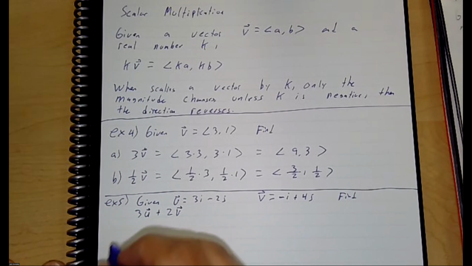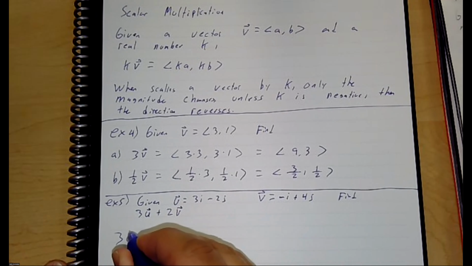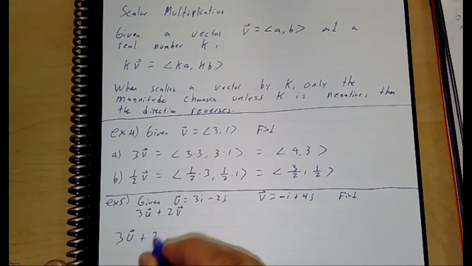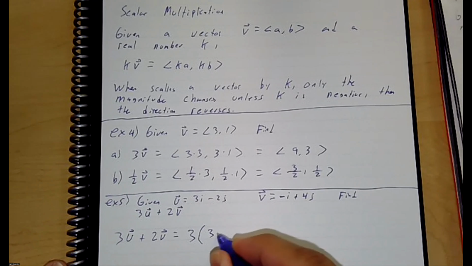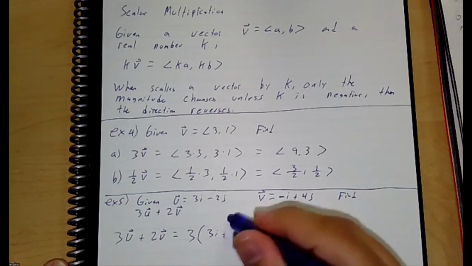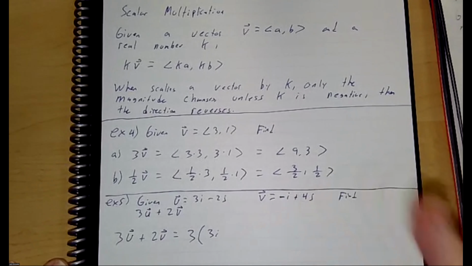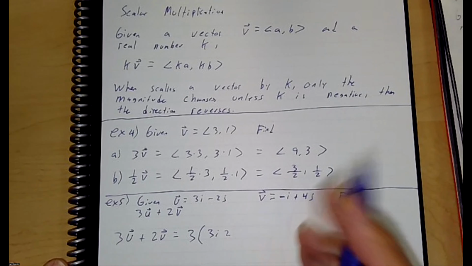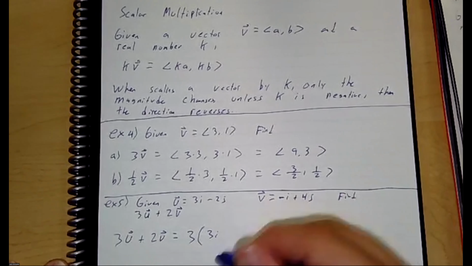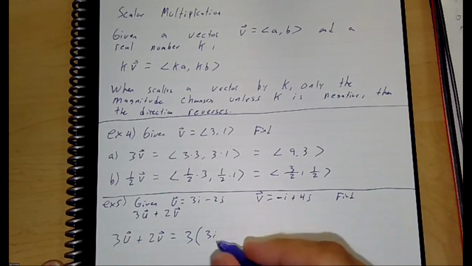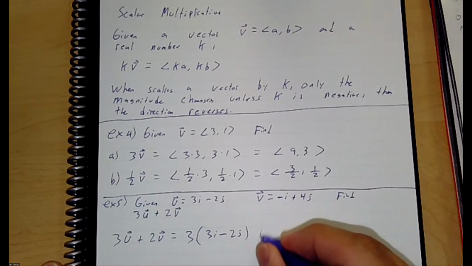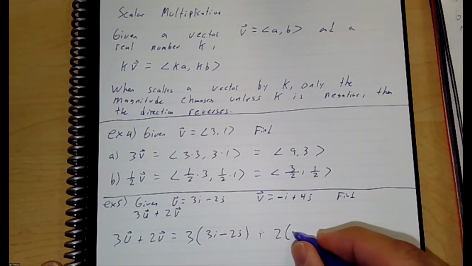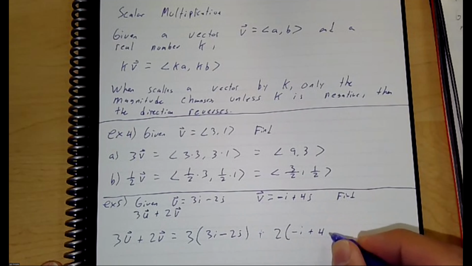Okay, so let's do it. 3u plus 2v means 3 times (3i minus 2j) plus 2 times (-i plus 4j).